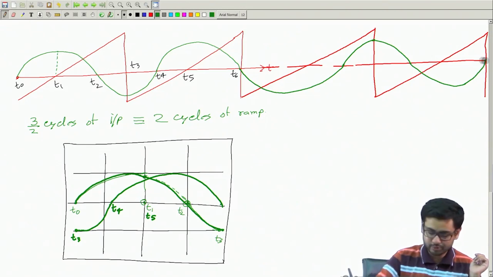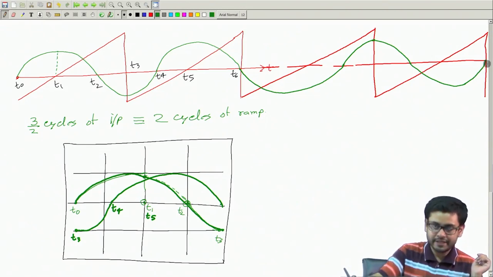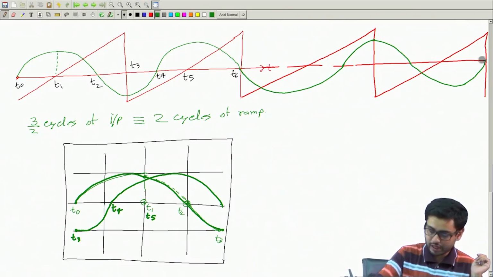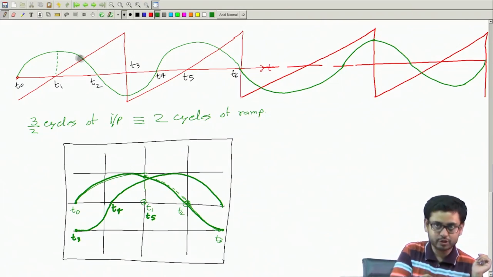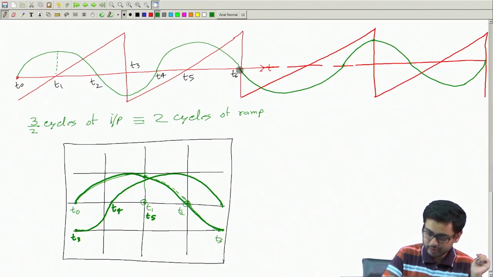Okay, after this point I need not consider anymore, because after this point the situation will be similar to this. But before that, let's see what you will see here.